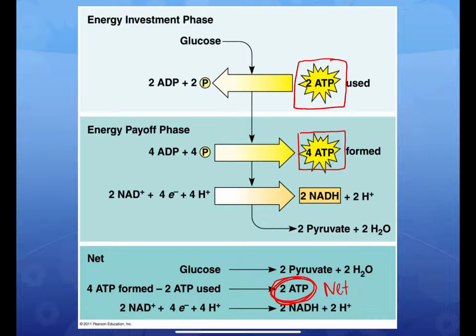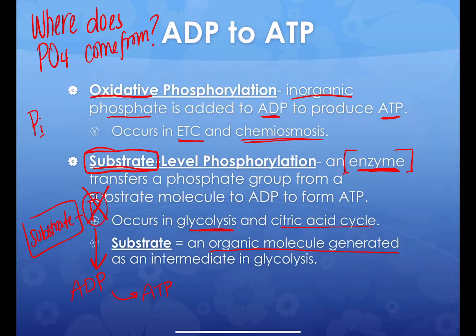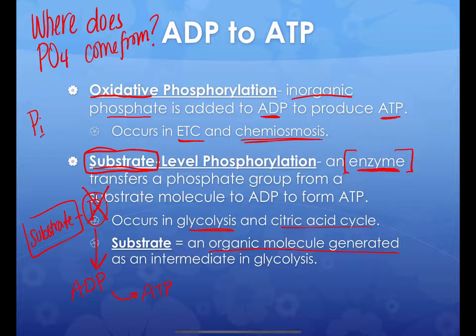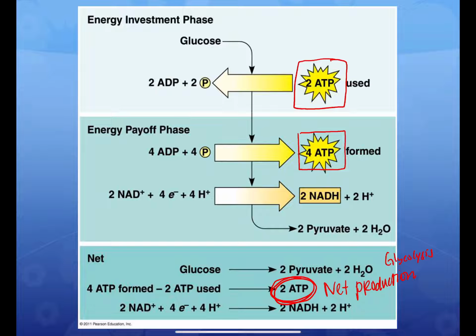There's a net production of 2 ATPs in glycolysis. That number is important, okay? Glycolysis makes 2 ATPs, all right? The rest of the energy is made over here, but glycolysis makes 2, okay?